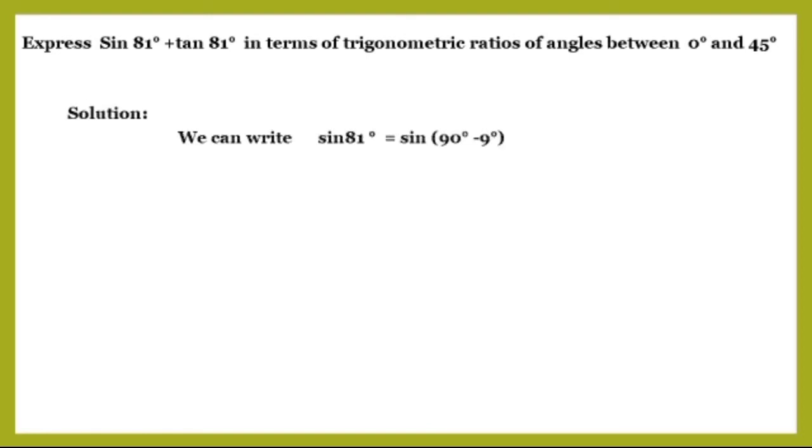We can write sin 81° is equal to sin(90° − 9°) because 90 minus 9 equal to 81°. But from trigonometric ratios of complementary angles, sin(90° − 9°) is equal to cos 9°.